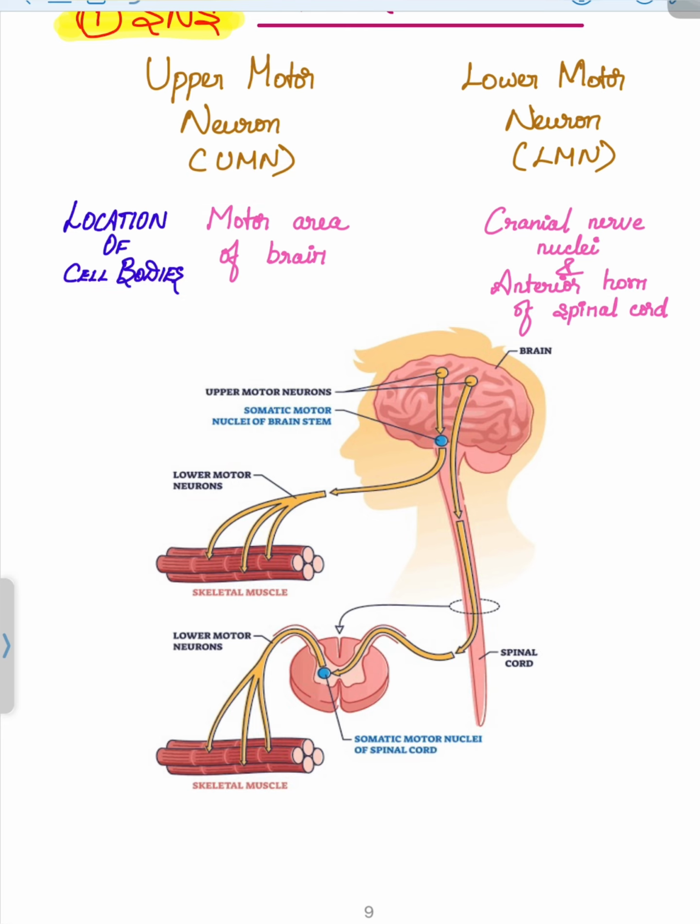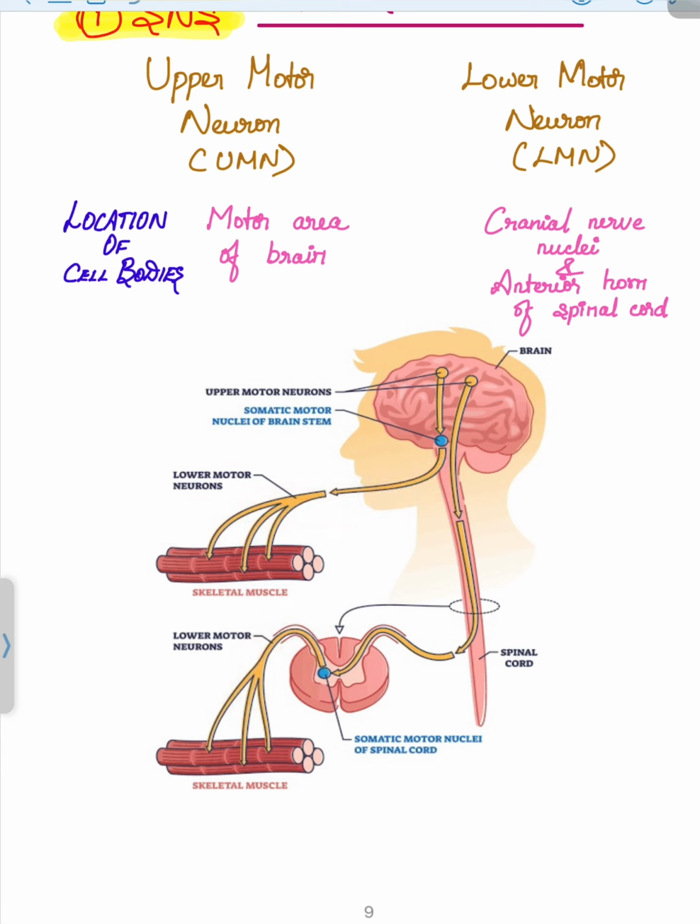They travel all along and end up in the cranial nerve nuclei and in the anterior horn of the spinal cord, right? Up to this, they are all called upper motor neurons. The neurons arising from the cranial nerve nuclei and from the anterior horn of the spinal cord and traveling onward are called lower motor neurons.